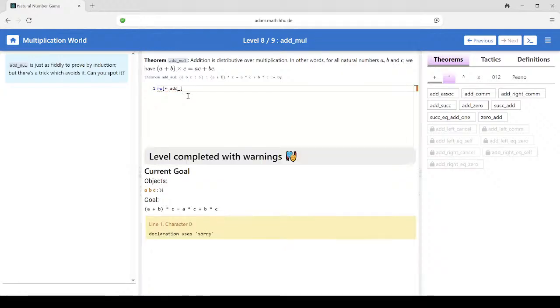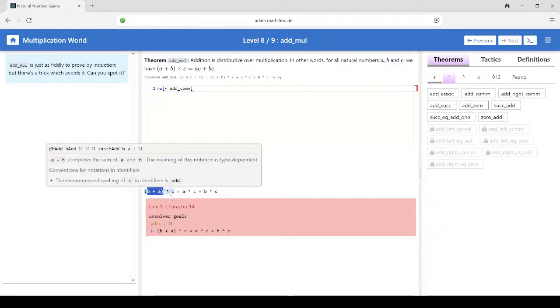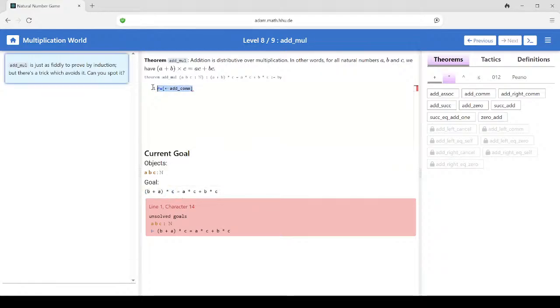Wait, no, is that not it? Oh no, it won't work because the things in parentheses are being multiplied, but not added. So I can't get rid of the parentheses in this one, at least not until we have some associative property for multiplication.